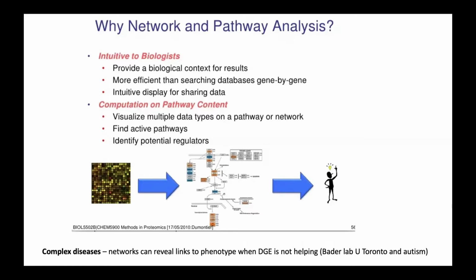And one example which I really liked from the NDEx publication, or one of the presentations about this tool, is that these networks can reveal meaningful biological information when differential gene expression analysis is not working at all, in terms of not giving any picture. And you can read about it. There is an example about autism, a complex disease, right? Multigenic.